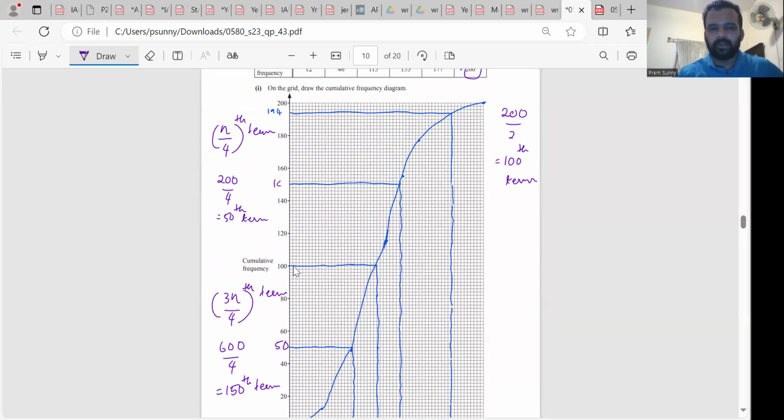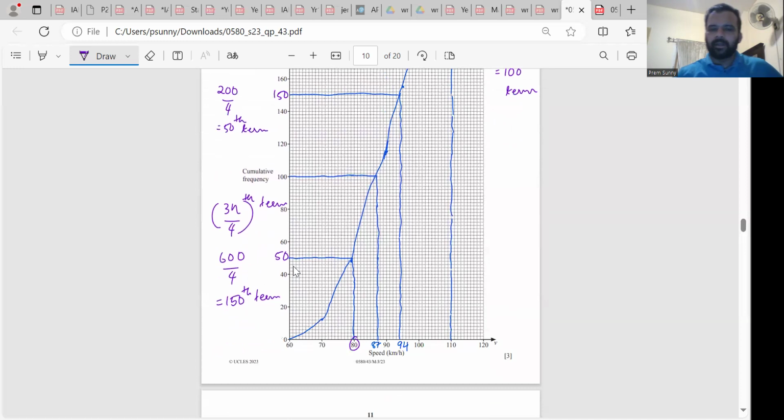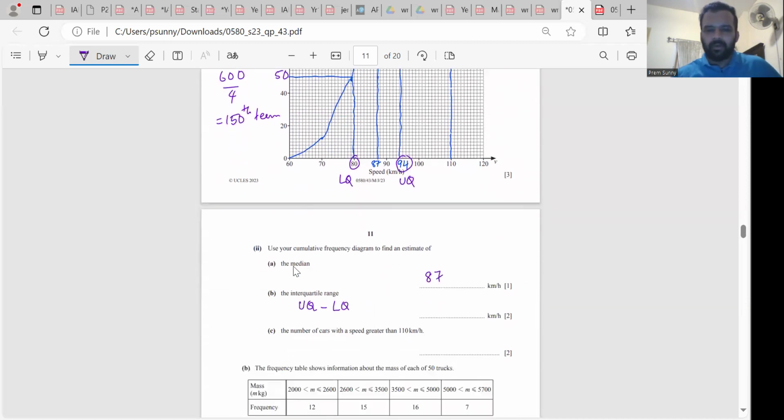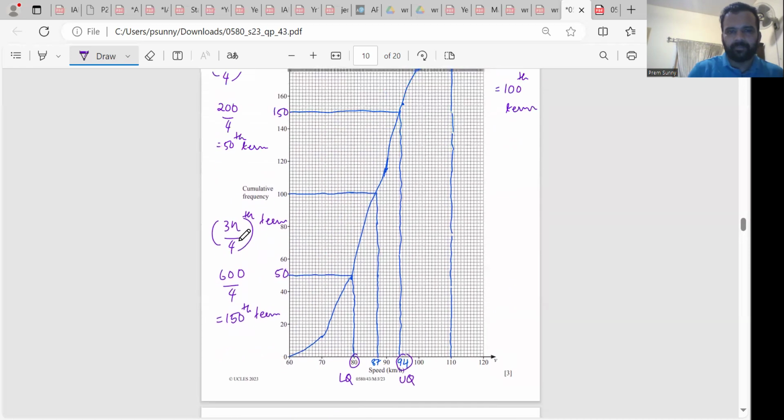Draw a horizontal line until it touches the cumulative frequency curve, then go vertically down to the x-axis. We get 94. So the lower quartile is 80, the upper quartile is 94. 94 minus 80 gives 14. 14 is the interquartile range.